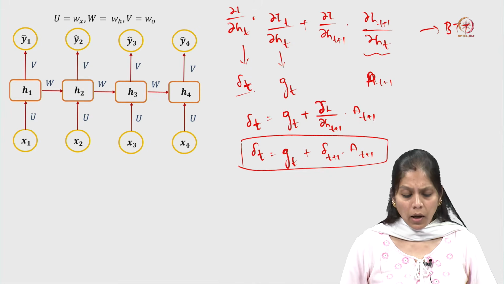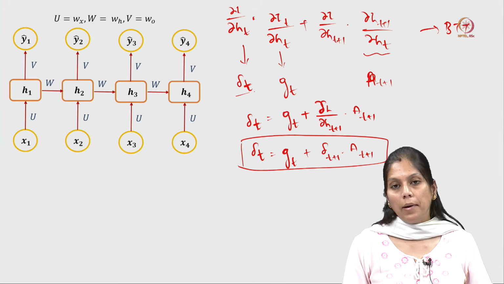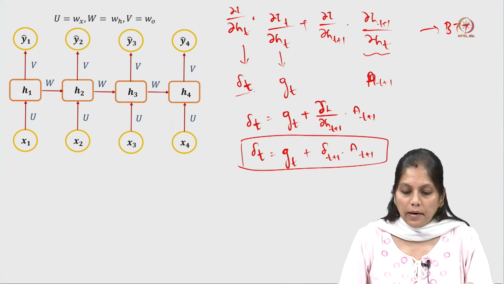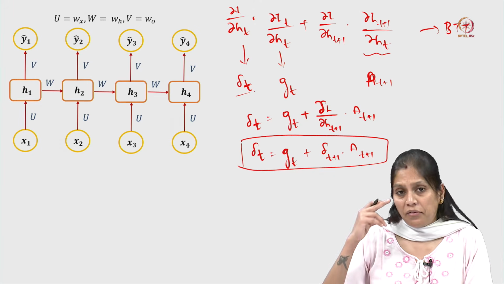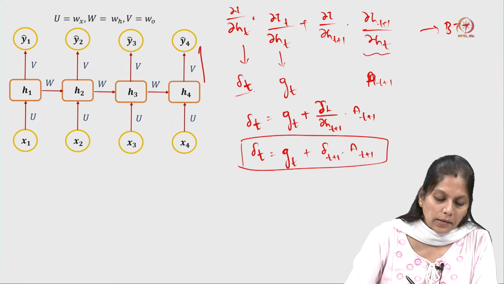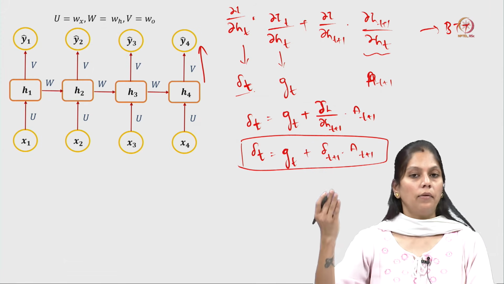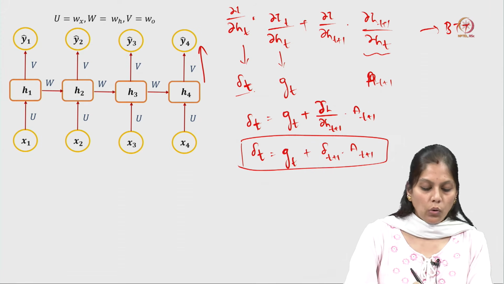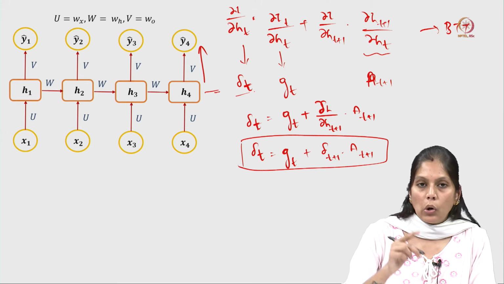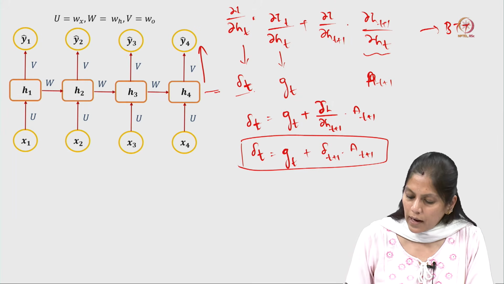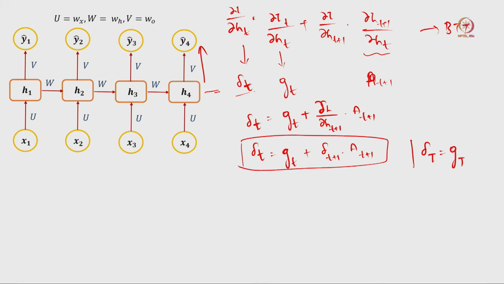Now, let us take one example and understand here. At the final time step, you do not have any further terms, that itself is the last term.